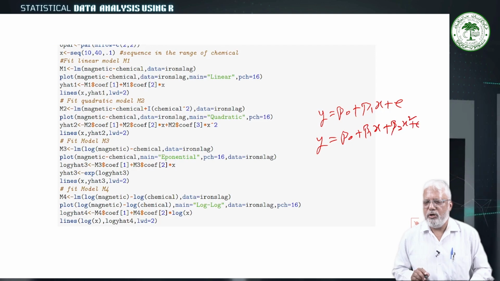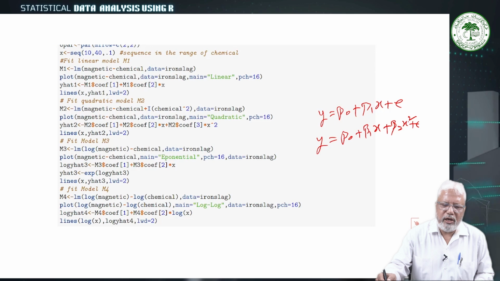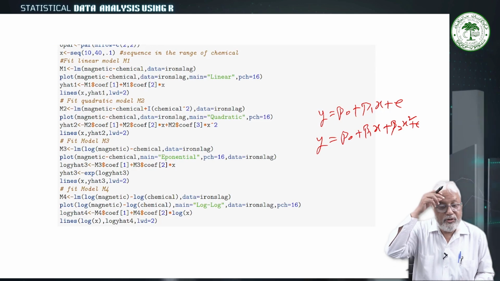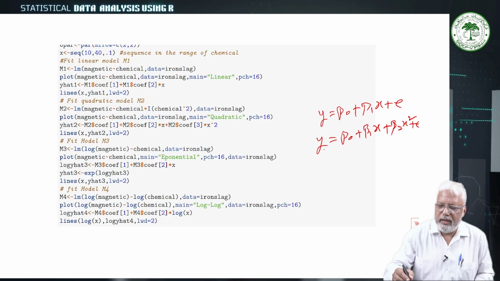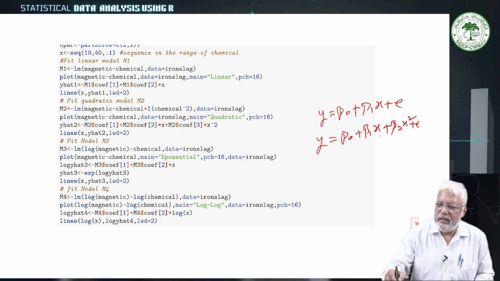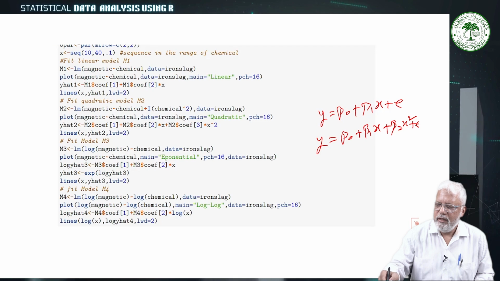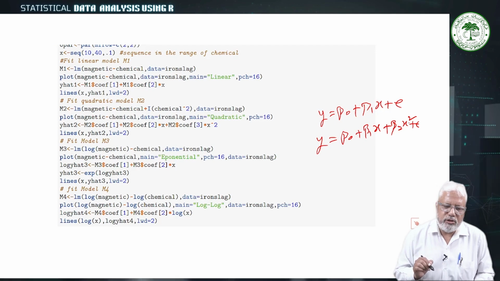So here the term x square is involved. We write the model as y tilde x plus I(x square), because in the formula argument these operators work.